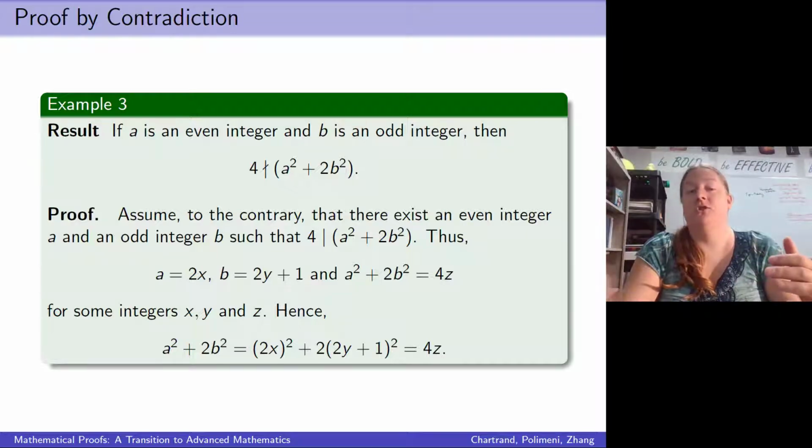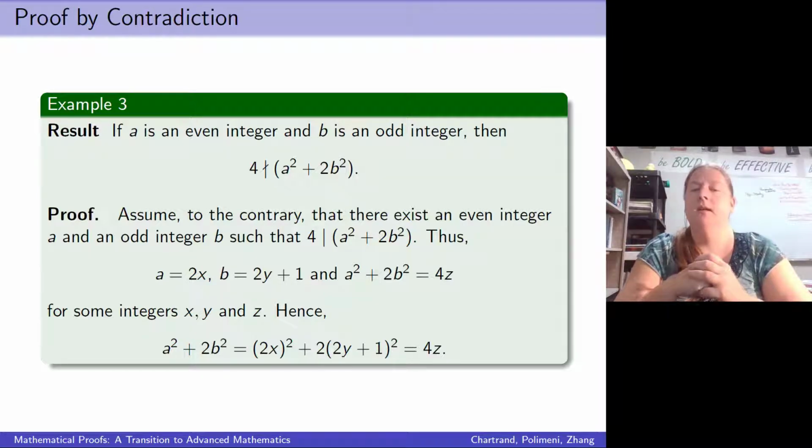So let's assume to the contrary. We've got some even integer a and odd integer b such that 4 divides a squared plus 2b squared.